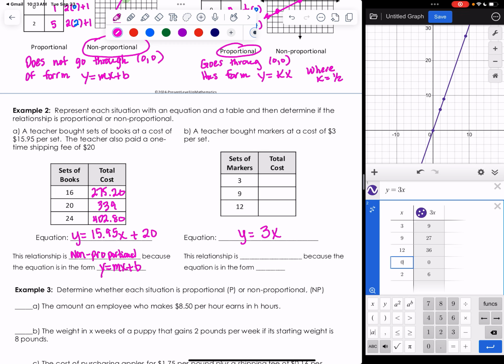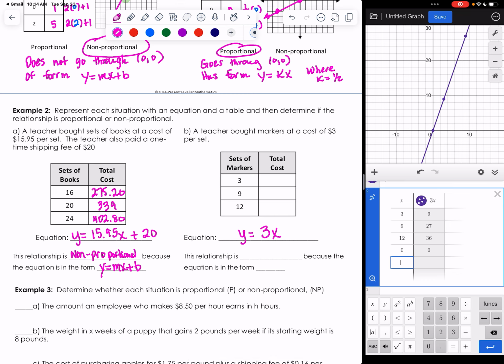I may put in 0 so you can see what happens when x is 0. All right, so our total cost for 3 sets would be $9. Our total cost for 9 sets would be $27. And our total cost for 12 sets would be $36.